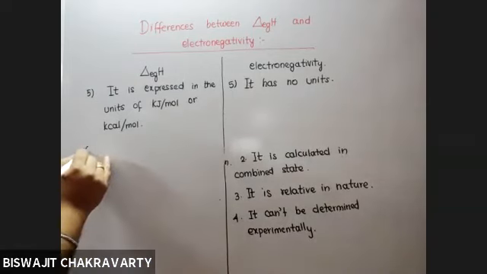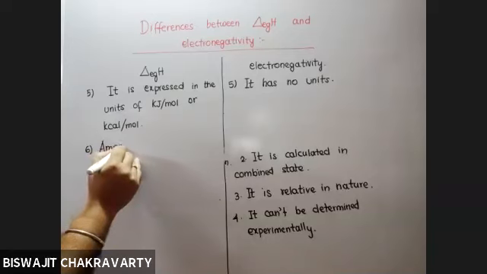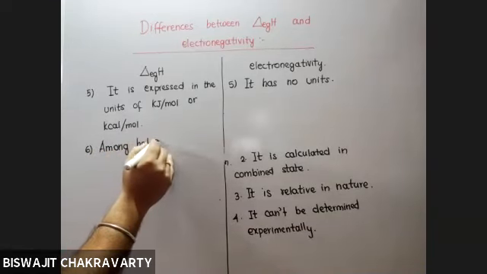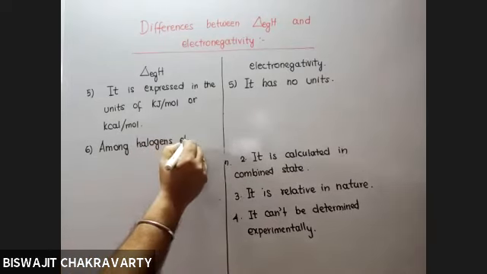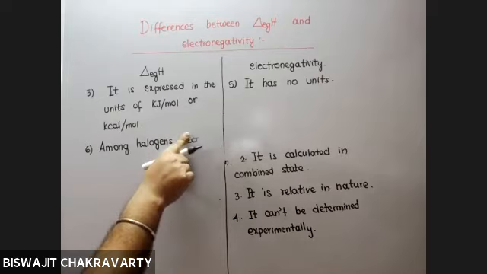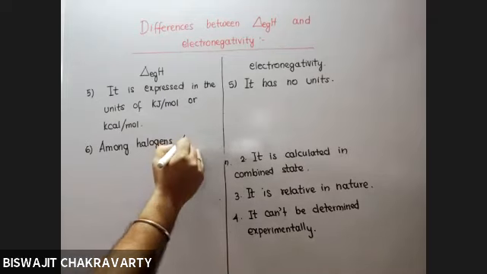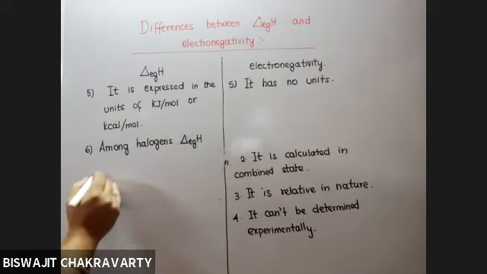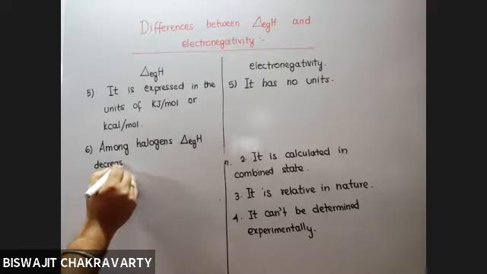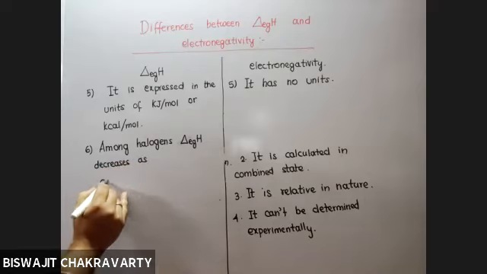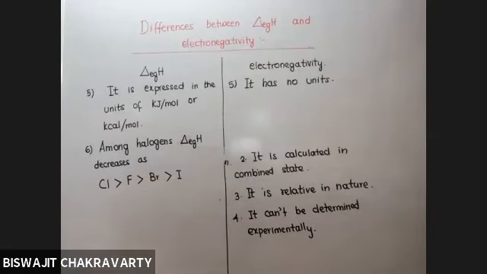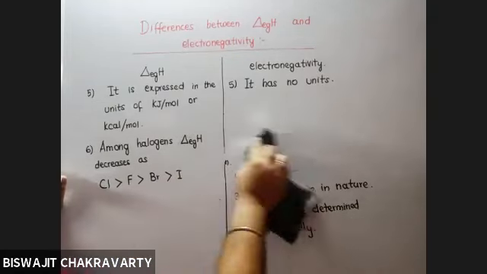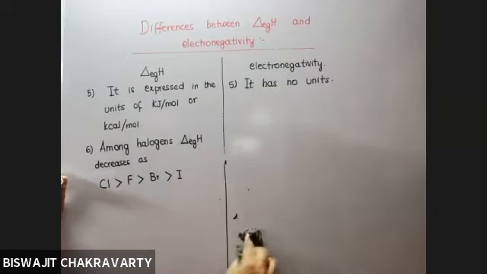Most importantly, number six. Among halogens, delta EGH decreases as chlorine, fluorine, bromine, iodine. What should you write on the right hand side?